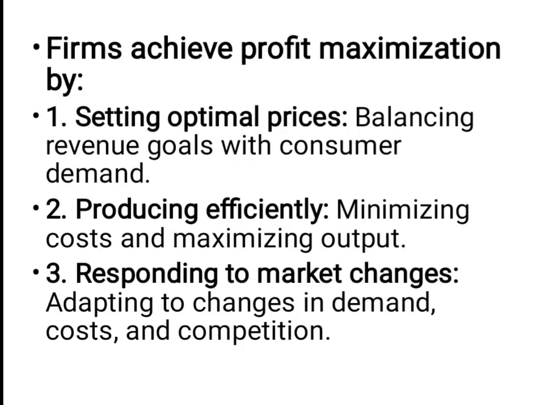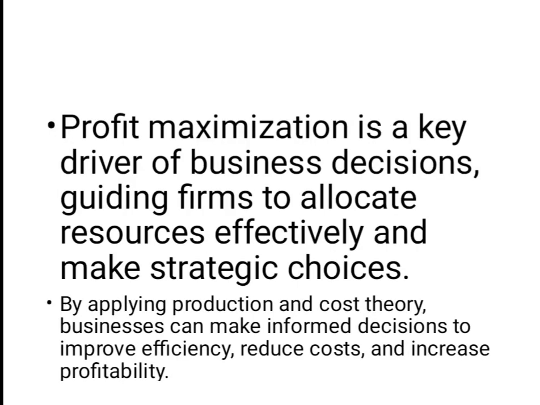So firms achieve profit maximization by setting optimal prices, that is balancing revenue goals with the consumer, producing efficiently, that is minimizing cost and maximizing output, and responding to market changes, that is adapting to changes in demand, cost and competition. So the demand also has much effect on maximizing the profit.